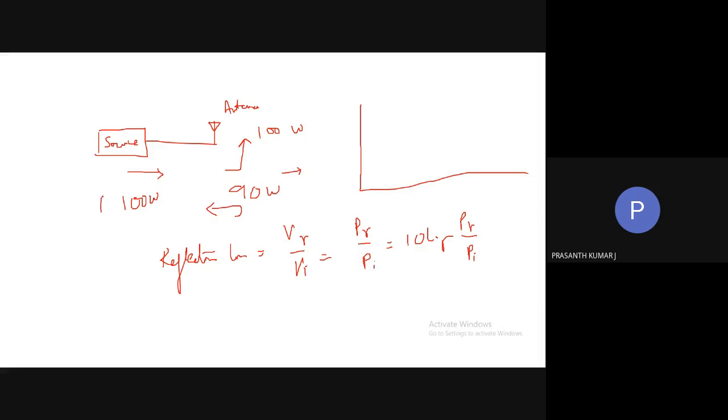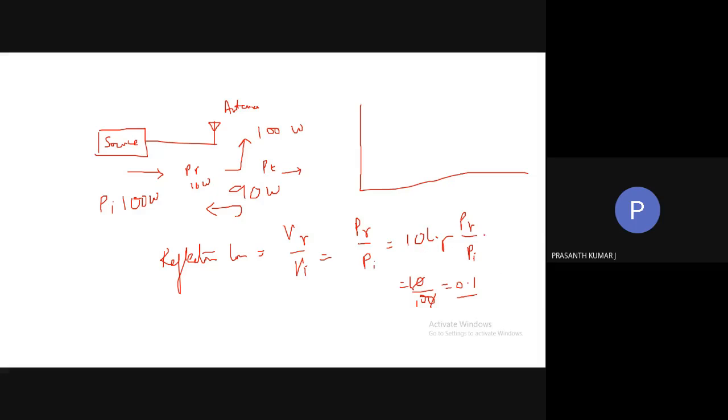Here 100 watts is the incident power, and 90 watts is the transmitted power. So what is the reflected power? 10 watts is the reflected power. If you take 10 by 100, it is approximately 0.1. So how much should this value be? It should be very low.